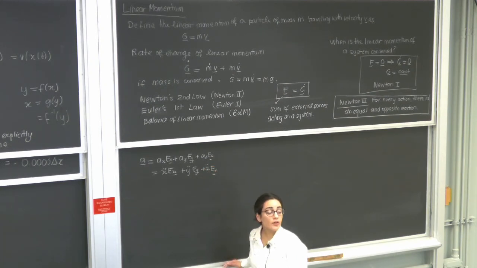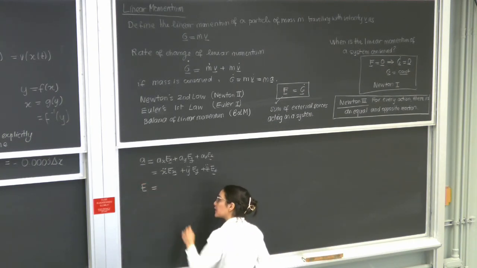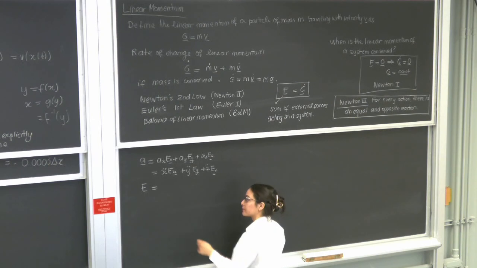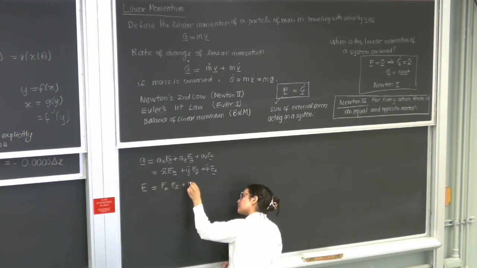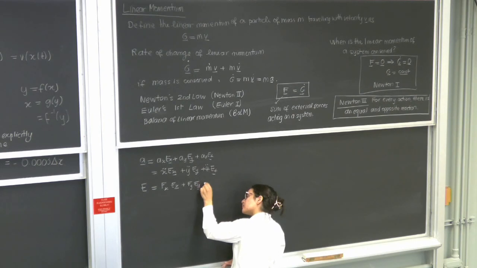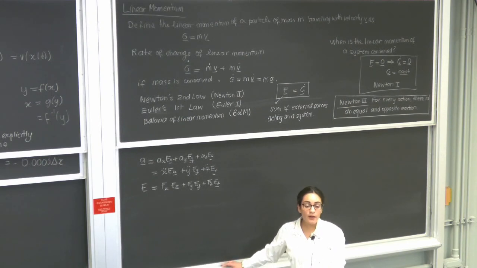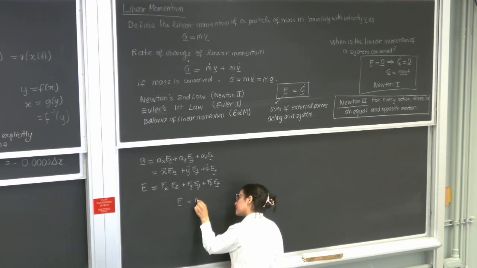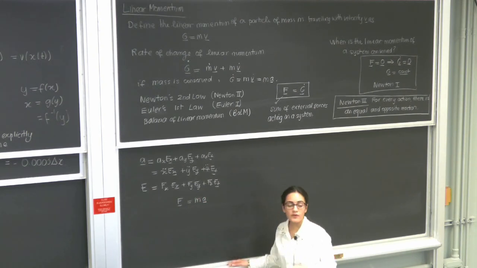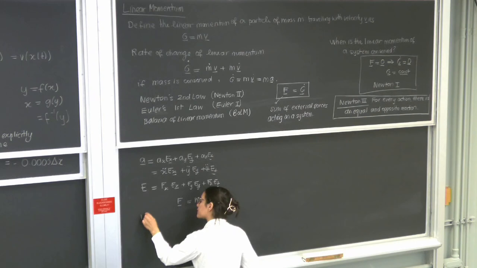Okay, and I can also write the sum of forces F in that Cartesian basis. And now I can write F equals ma. That's Newton's second law, assuming that mass is constant. So I'll get Fx.